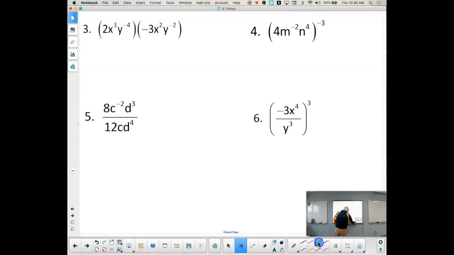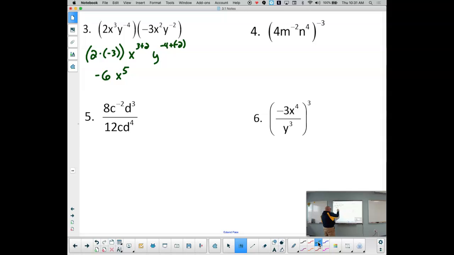First one, no extra exponents on the outside, so then I'm going to take my numbers and I'm going to multiply them together. I'm going to take my x parts and I'm going to add the exponents. I'm going to take my y parts and I'm going to add the exponents. 2 times negative 3 is negative 6. 3 plus 2 is 5.